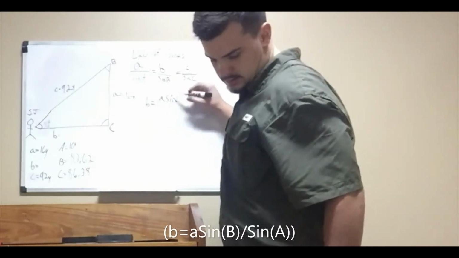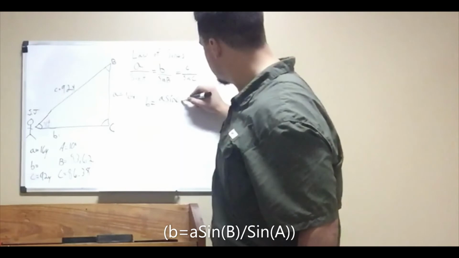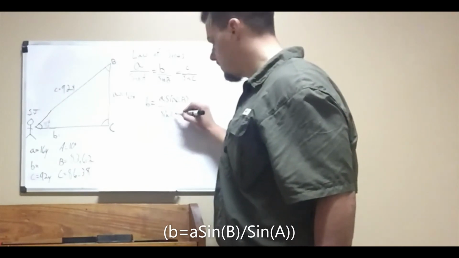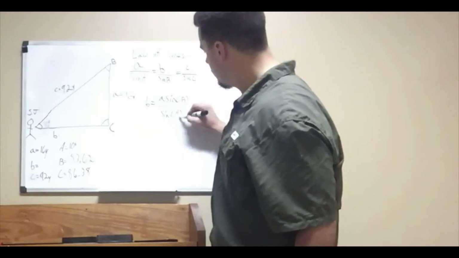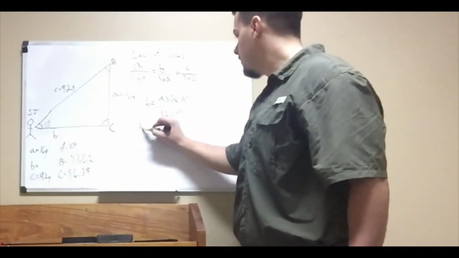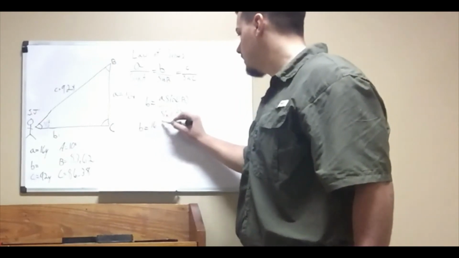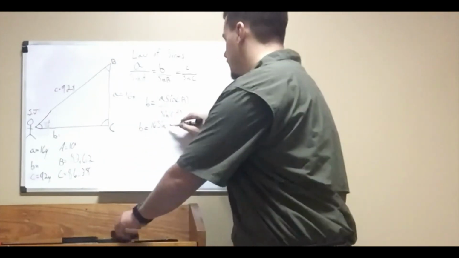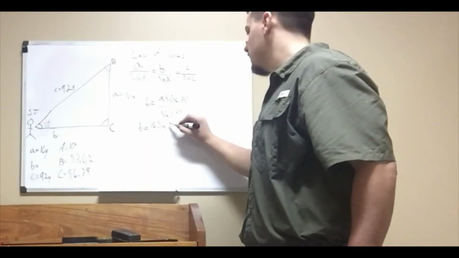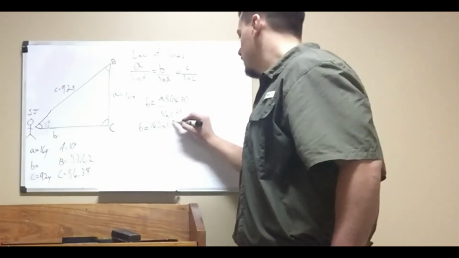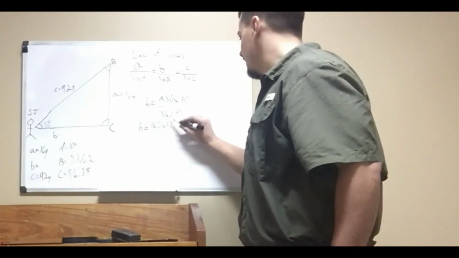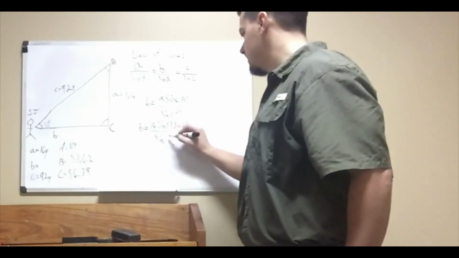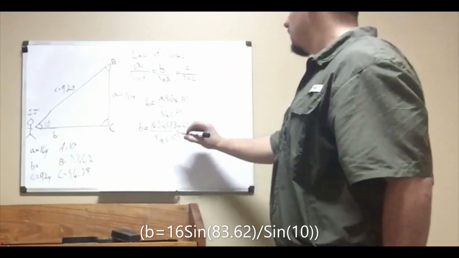B equals side A times sine of B over sine of A. And when we write it all out, it will look a little bit something like 16 times sine of 83.62 over sine of 10.